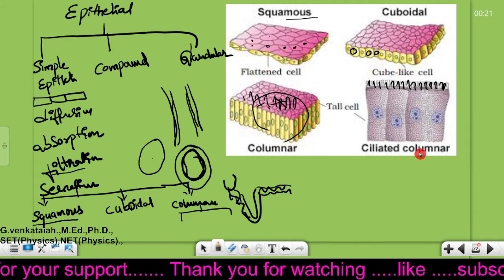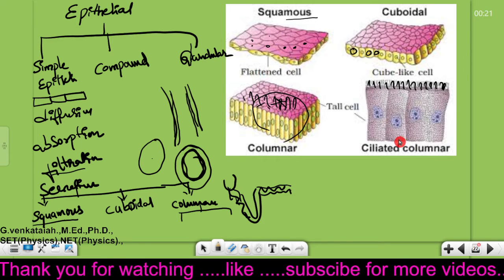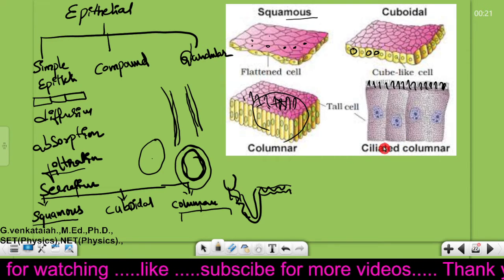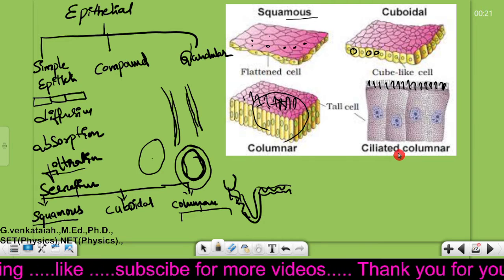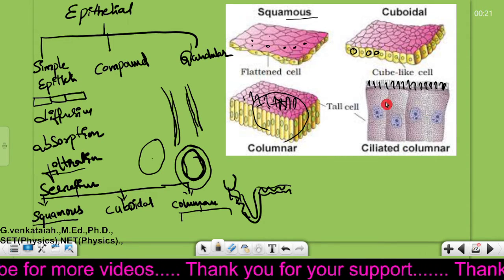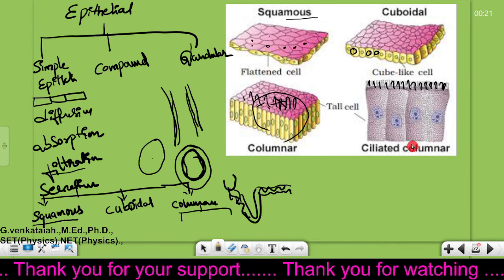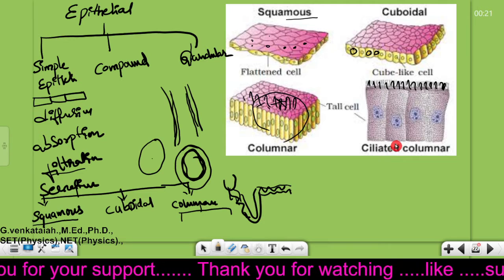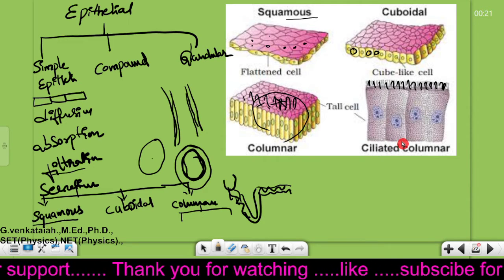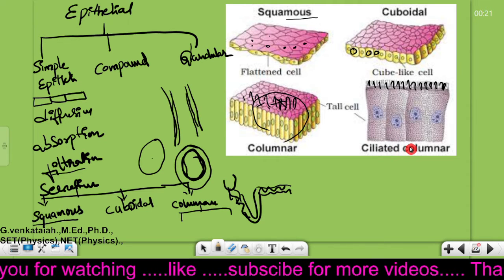Ciliated columnar epithelium is generally present in the fallopian tube, ventricles of the brain, central canal of the spinal cord, and bronchioles.